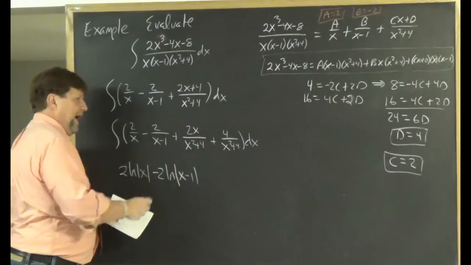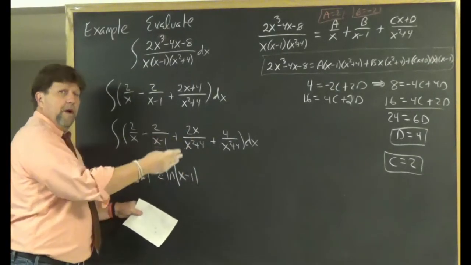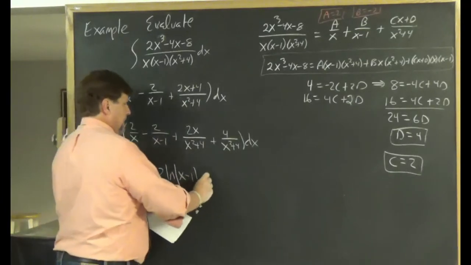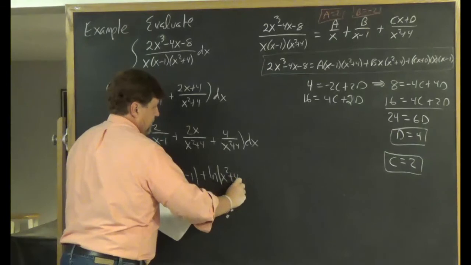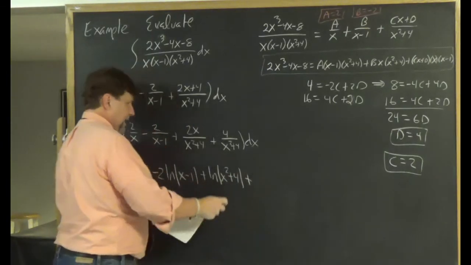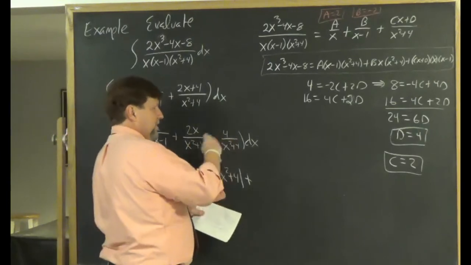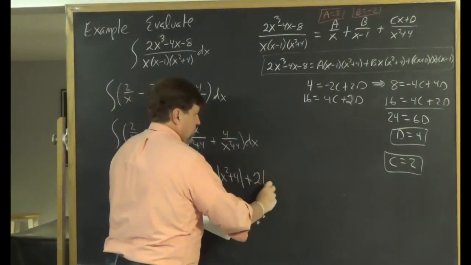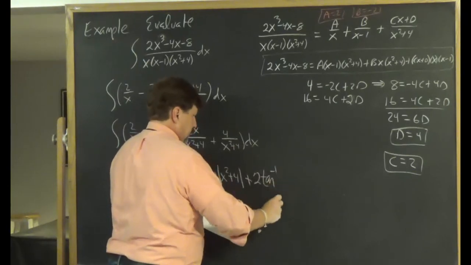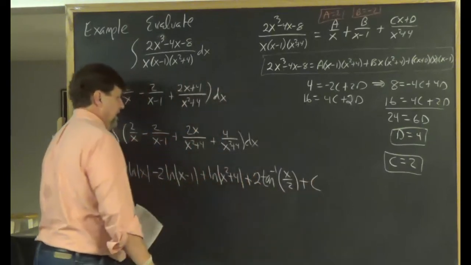This one isn't too bad because when you do the u sub, you're going to end up with a 1 over u. So that's the natural log absolute value of x squared plus 4. And like I said, this one, basic inverse tangent. So it'd be 4 times 1/2. So that's 2 inverse tangent x over 2 plus c.